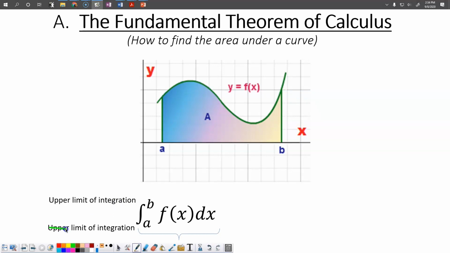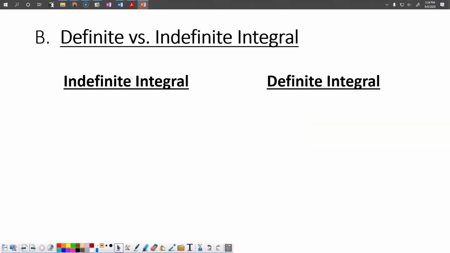This one here should say lower limit of integration. And then after you integrate it, you get the capital F, right? The antiderivative. You plug in b and a and subtract, and that magically, not really, but magically, gives you the area under the curve there. So that is the fundamental theorem of calculus, and that's what we're going to be doing today.